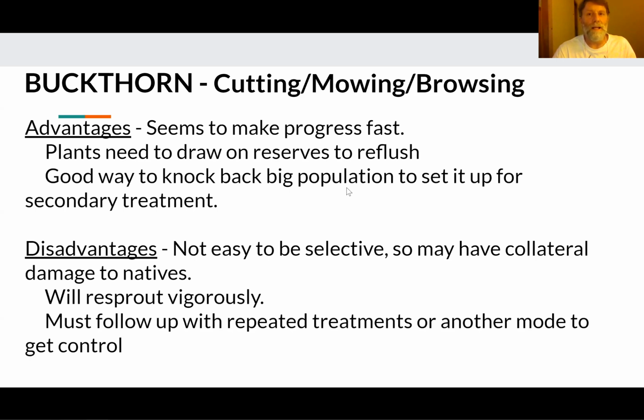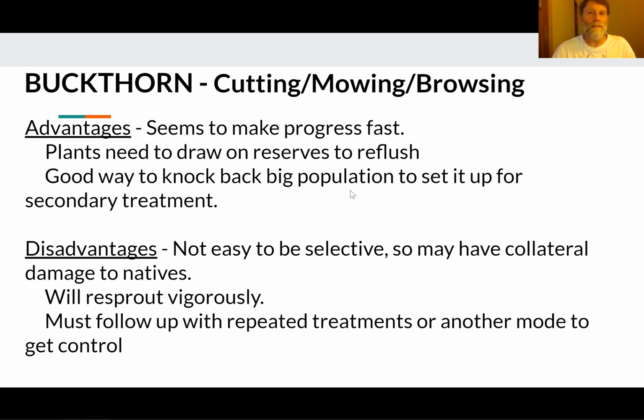It does get kind of hard if you have a really dense infestation of buckthorn to avoid that one little dogwood that's growing up in the middle of them. And if you're doing browsing, generally with goats, it's going to be pretty hard, if not impossible, to keep them from just eating everything. So you just have to make that decision as to whether that's okay.